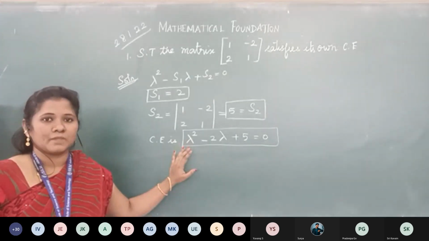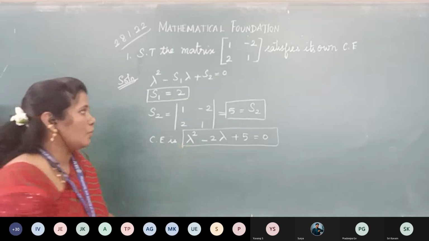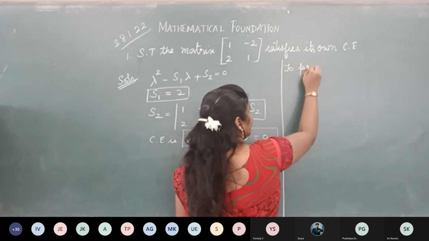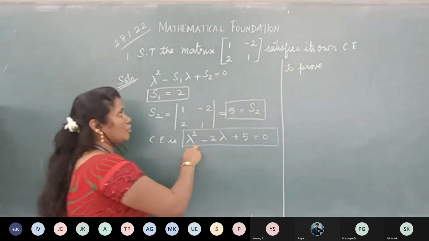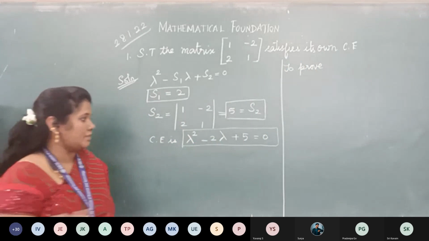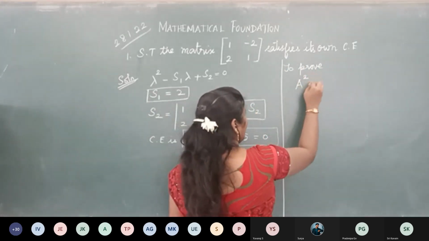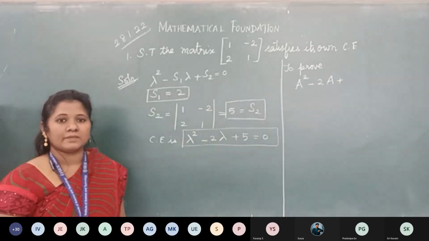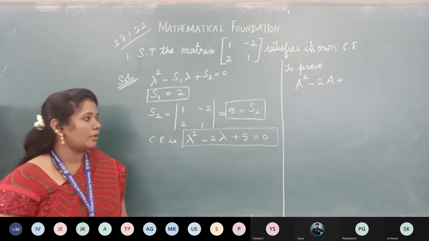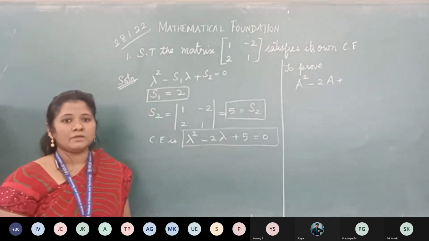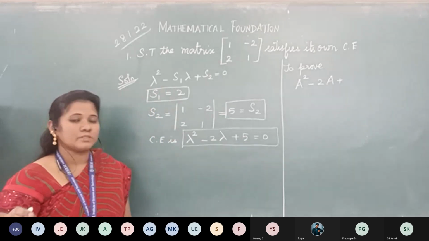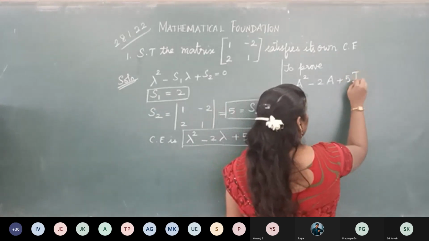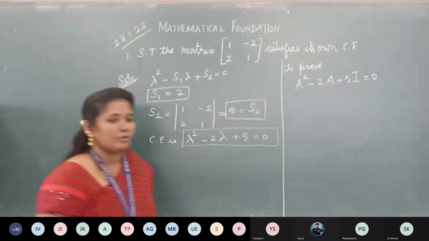You take the given matrix as A. So when you take lambda to be A, what you have to prove is A square minus 2A plus 5I equal to 0. If you have a constant term, you multiply it with the identity matrix.